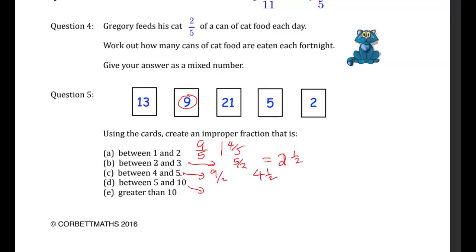Then between 5 and 10, if you do 13 divided by 2, that gives you 6 1/2. That's between 5 and 10. More than 10, just look for the greatest one. So 21 divided by 2 gives you 10 1/2.